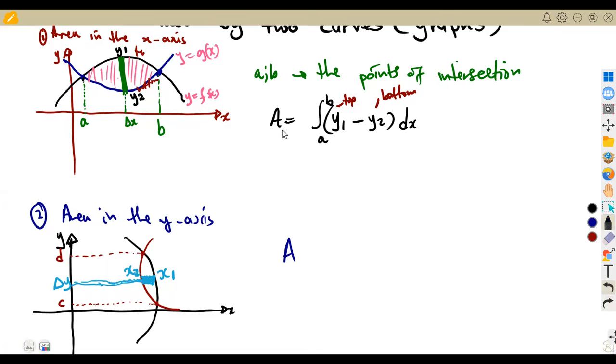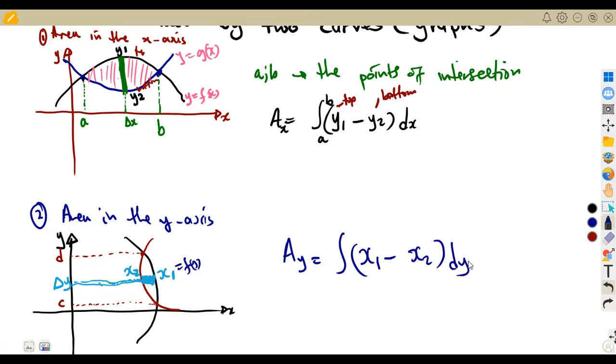So this is the area with respect to x, and we're going to have our area in the y-axis, which is going to be the integral of the difference of x1 and x2, the one on top, x1, minus the one below, x2, with respect to y in this case. So x is a function of y in this case.